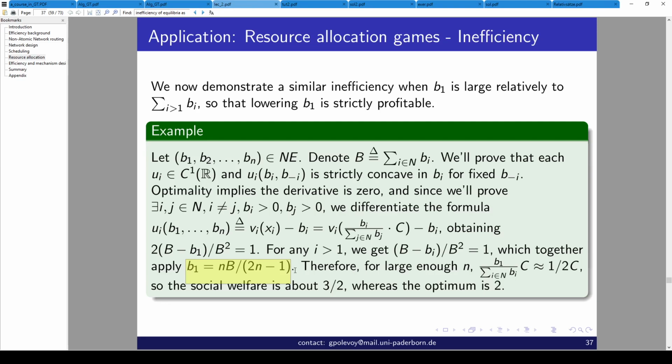Therefore, for large enough n, of course, this can be done formally with this estimation, what B1 gets is a bit more than, but about half of the capacity. So her share is about half, which results in a social welfare of about 3/2.